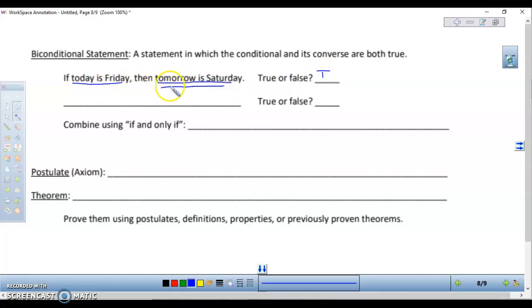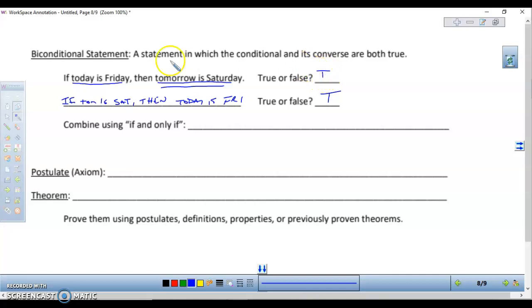Now the converse of that statement, if I switch these, will be if tomorrow is Saturday, then today is Friday. And you guys, that is a true statement as well. If you know tomorrow is Saturday, sorry about my terrible handwriting, then today has to be Friday. So this is an example when a statement and its converse are both true.